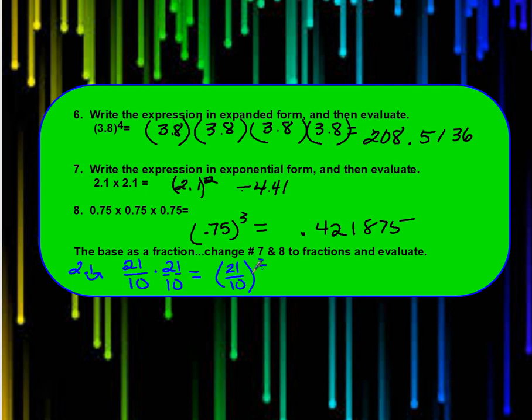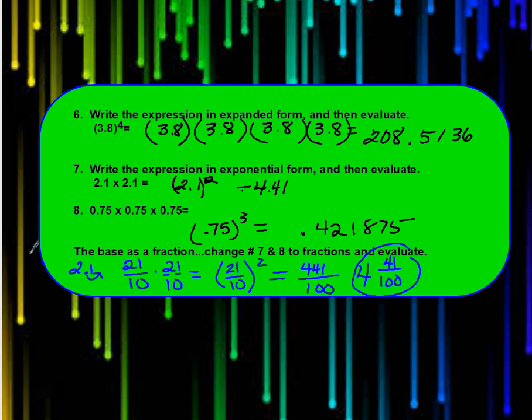Then as we multiply across, notice we have 21 times 21, which is 441 in our numerator, and then we have 10 times 10, which is 100 in our denominator. 100 goes into 441 4 times, and then we have 41 over 100 left. So that would be our answer for number 7.